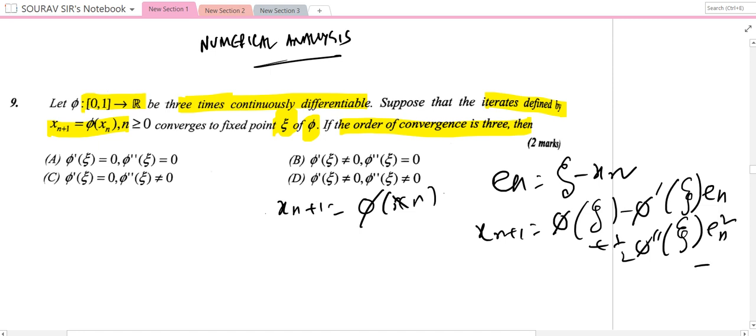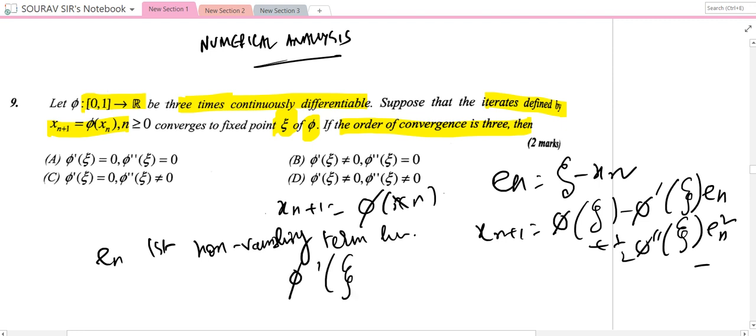In that way, the exponent of e n in the first non-vanishing term is called the order of convergence. So the order of convergence here is 3, since phi dash xi and phi double dash xi are both equal to 0. So option number A is correct.